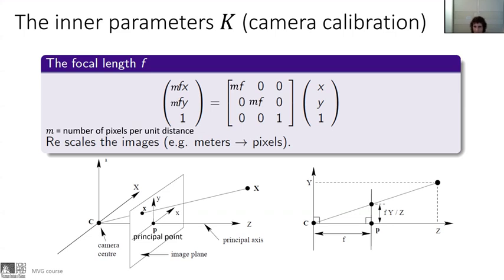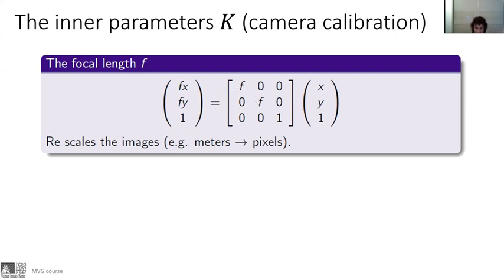So I have a parameter m times f, which is just 1 degree of freedom. Let me abuse notation, forget about the m and stay with f, and say that f rescales the image from meters to pixels, like here. So this is the first degree of freedom.